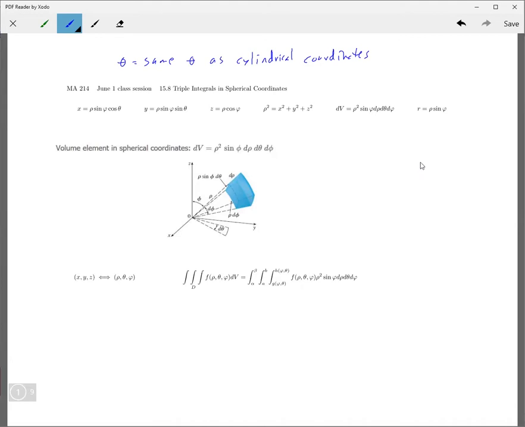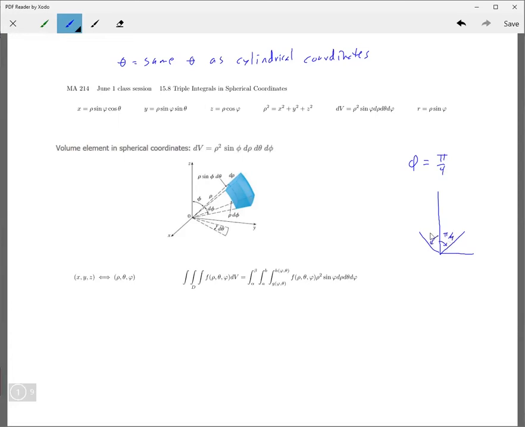One big advantage of that one is it works really well with spheres. Another advantage is it works really well with cones. For example, if you had phi equals pi over 4, that equation alone would represent this cone right here, where that angle is pi over 4.